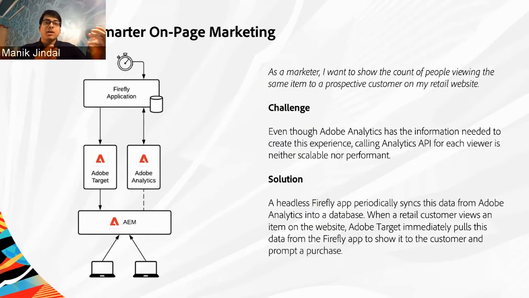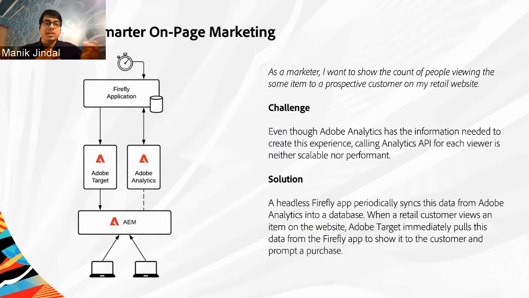However, it is not in the shape or form that could be directly utilized by the website. So if whenever a visitor visits the website, I would go in and fetch how many other people viewed this product at that time, the Analytics API would not scale or be as performant, because it is not a real-time querying API as opposed to a reporting API, which it is.